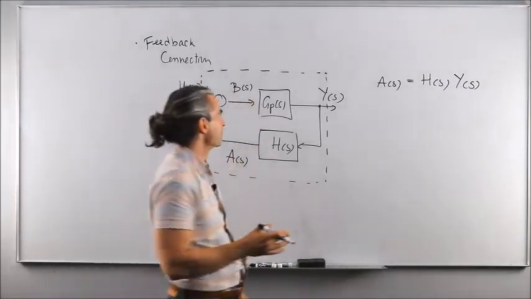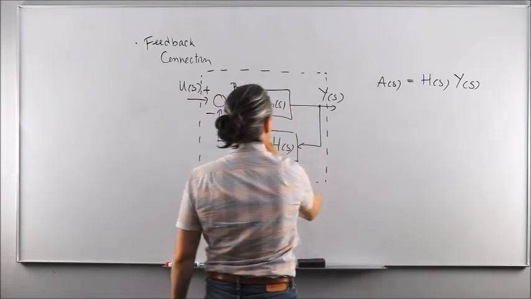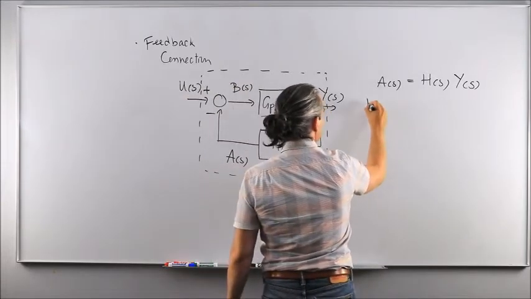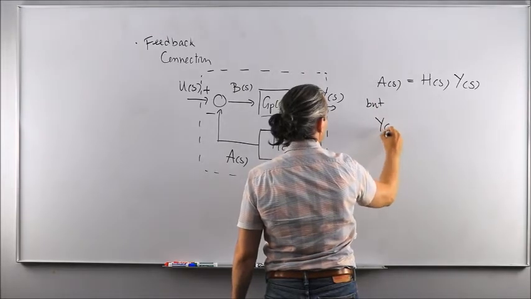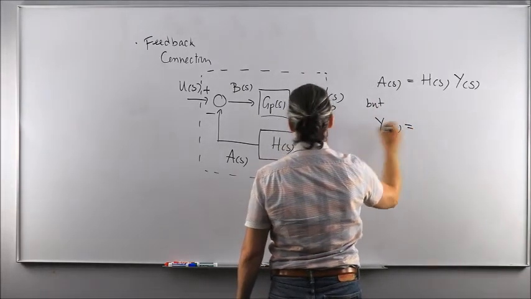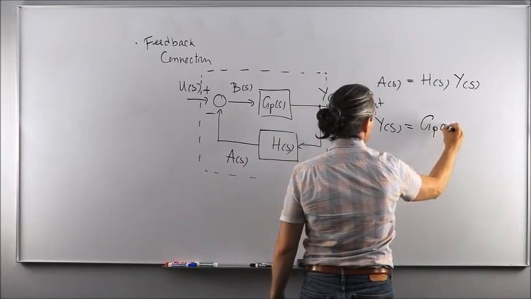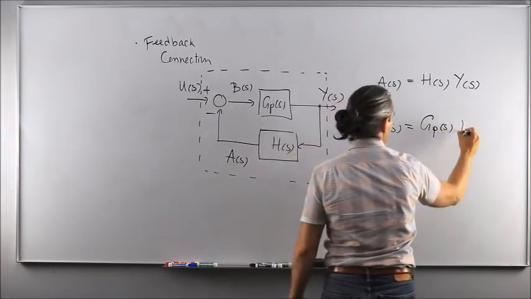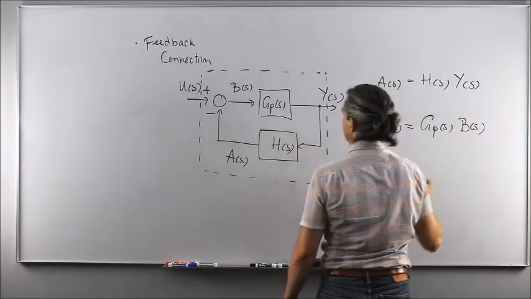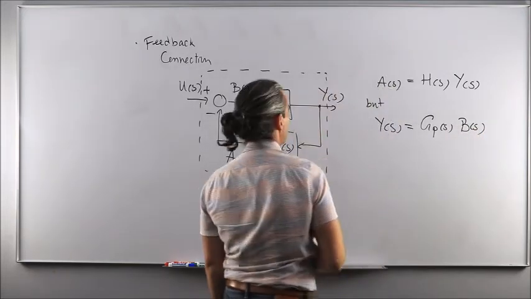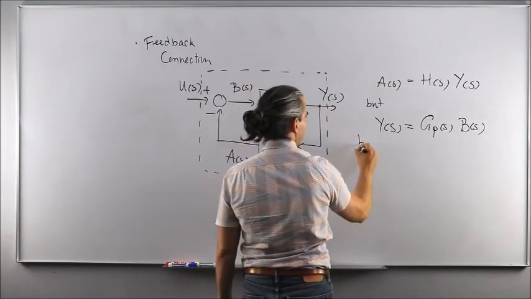Okay? All right. But what do I know about Y of S? Well, I know that Y of S is actually equal to GP that multiplies B. Okay. But what do I know about B?